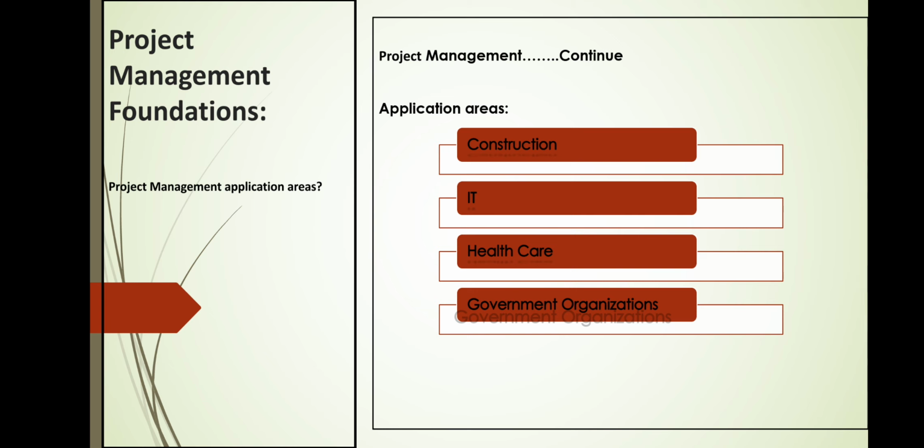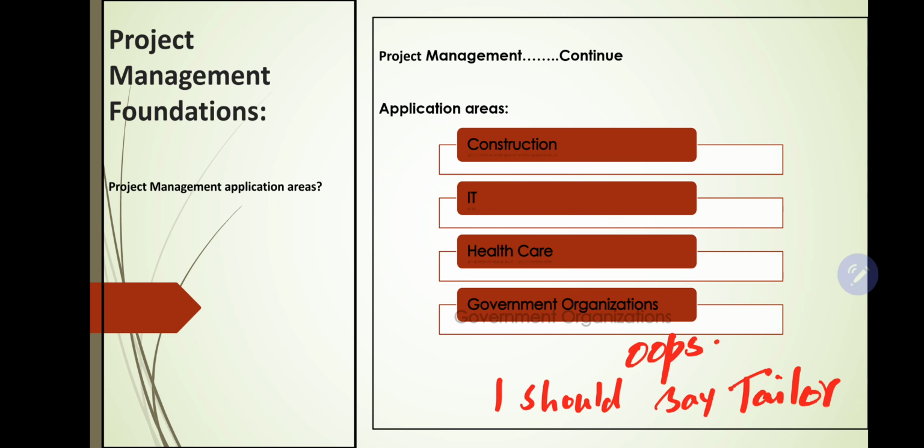Depending on the project manager's authority, the project manager can tailor those processes. As per PMBOK Guide 6, the project manager has to tailor the project knowledge areas as per the project requirement.